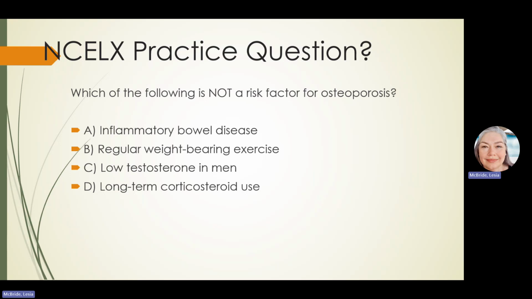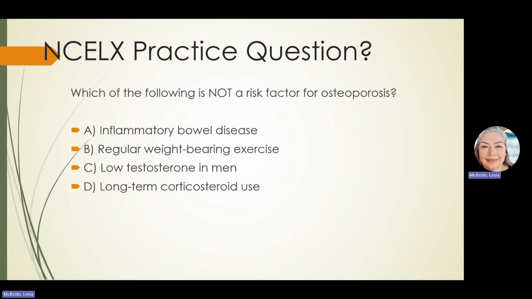Which of the following is not a risk factor for osteoporosis? A risk factor is a cause. So we're looking for those that are possibly, yeah, the inflammatory bowel disease may exist with osteoporosis.